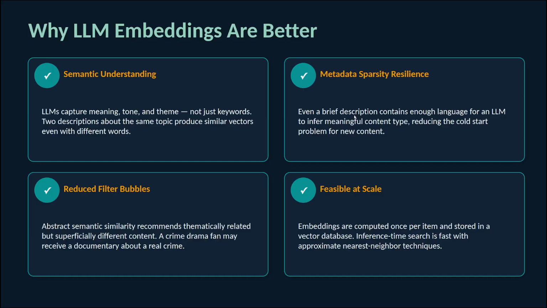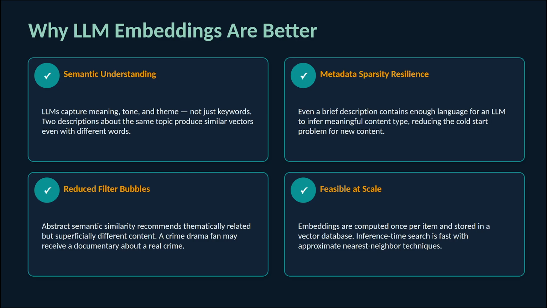So there are key advantages. First, semantic understanding. LLMs capture meaning and theme, not just words. So similar content gets similar vectors regardless of the exact wording. Secondly, they're more resilient to sparse metadata. Even a short description gives enough language for the LLM to infer concept type.